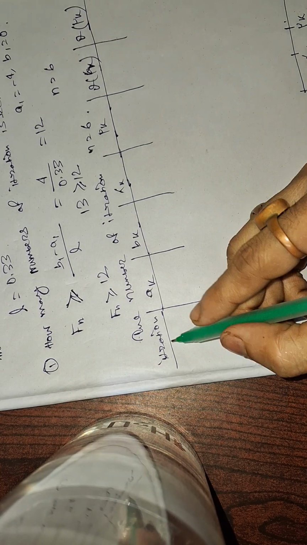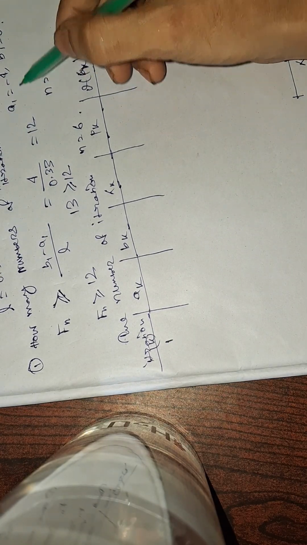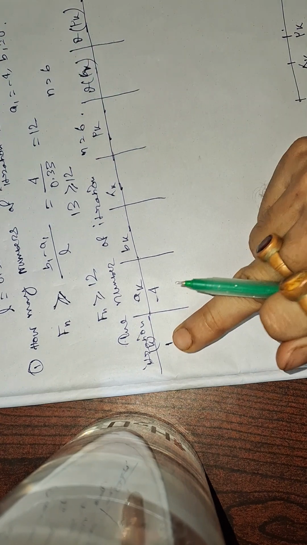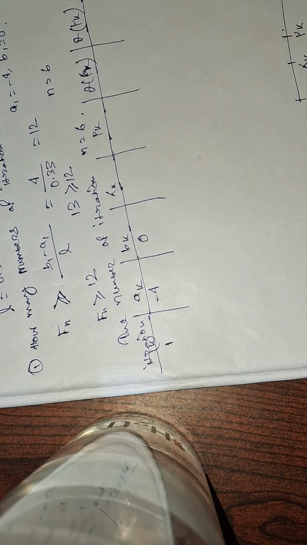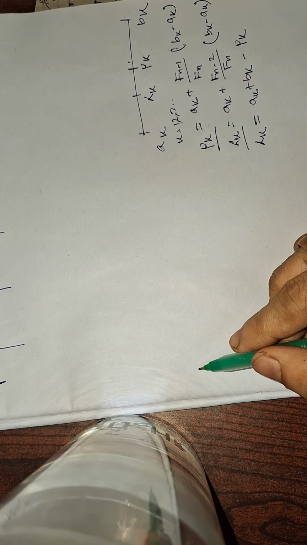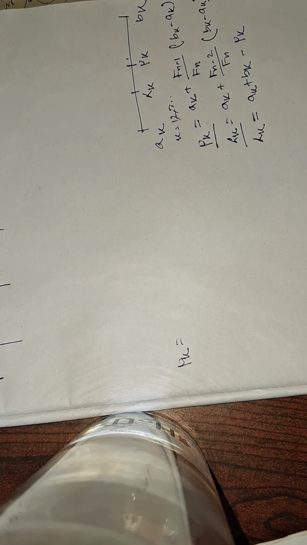So iteration number k, first iteration, so 1. Here ak is minus 4, write it, and bk, b1 is 0, for the first iteration. Then lambda 1 and mu 1 we can calculate. Mu k equals ak plus f of n minus 1 by fn into (bk minus ak), the formula.